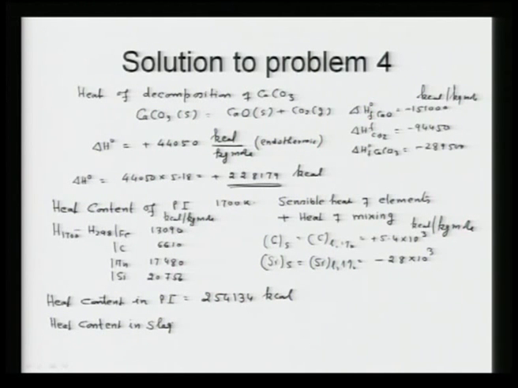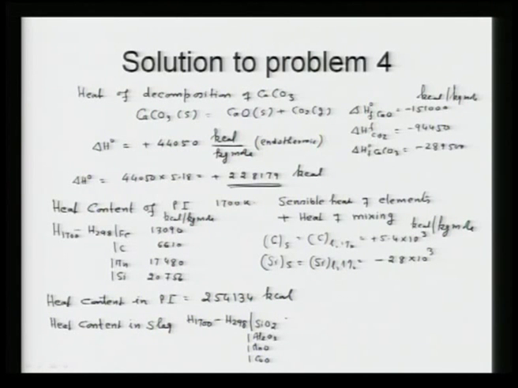We know the component of slag. So, H 1700 minus H 298, we know for SiO2, we should know for Al2O3, we should know for MnO, and for calcium oxide we should know.